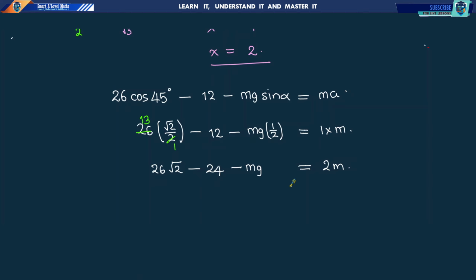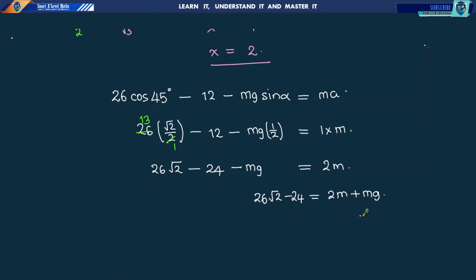And after that, we need this m in the same side, so what we have here is only 26 root 2 minus 24 equals 2m plus mg.